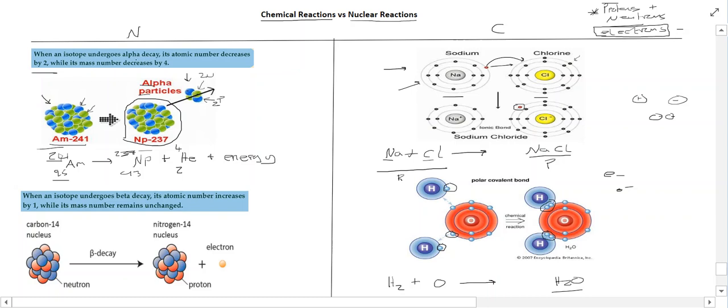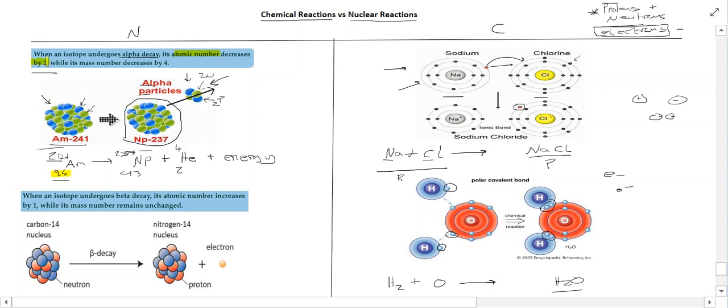When an isotope undergoes alpha decay, it's called alpha decay because the things that are jettisoned off by the nucleus are called alpha particles. Its atomic number decreases by 2.